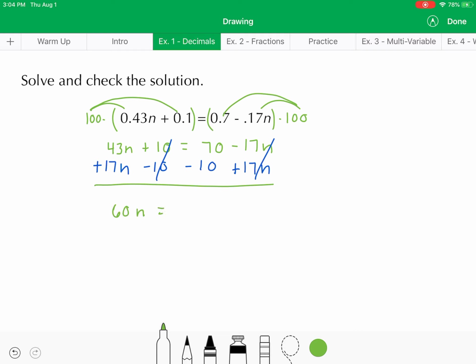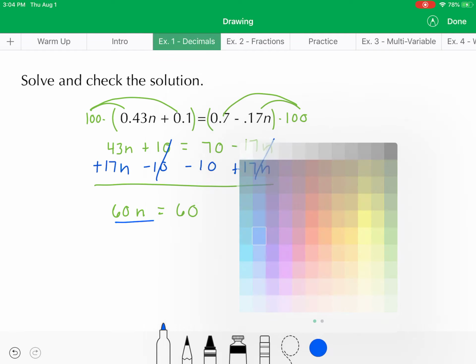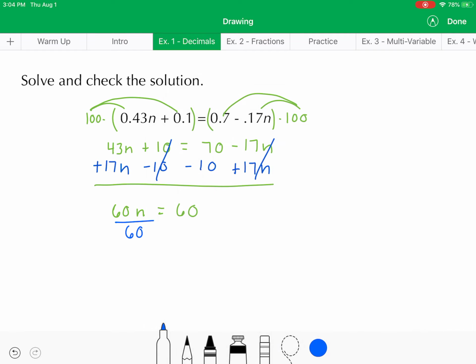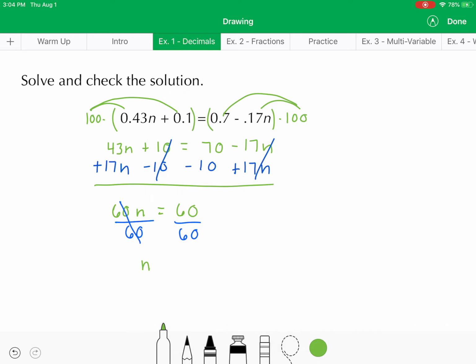And then 70 minus 10 would also be 60. And then we can divide both sides by 60. And now we wind up with n equaling 1. So quite a complex equation to result in a solution of 1.